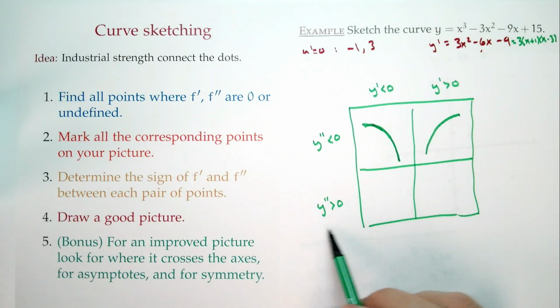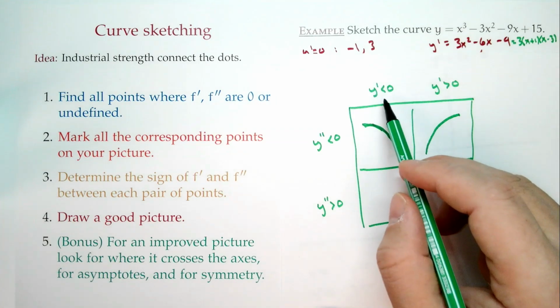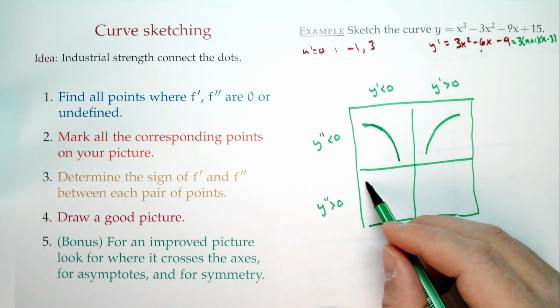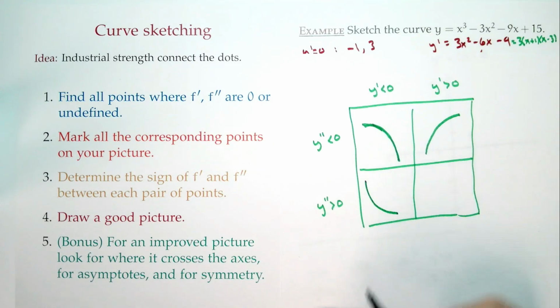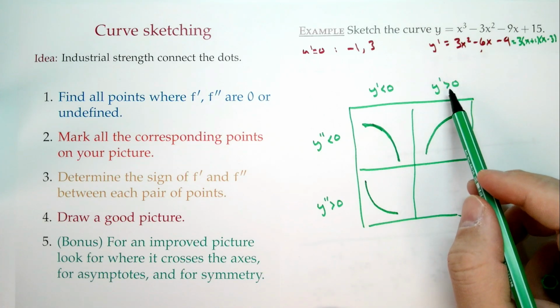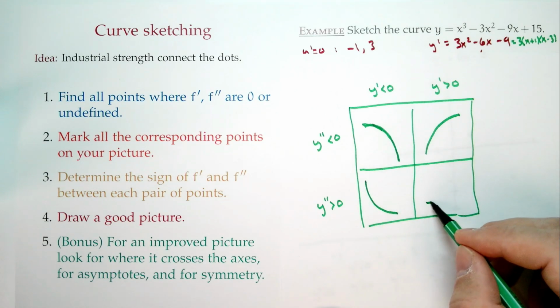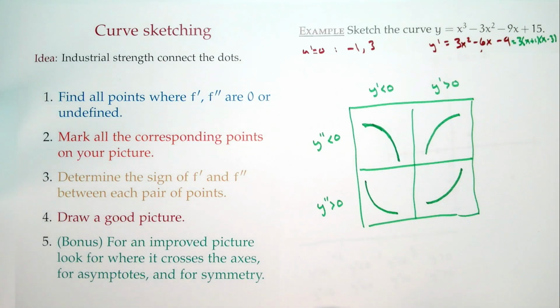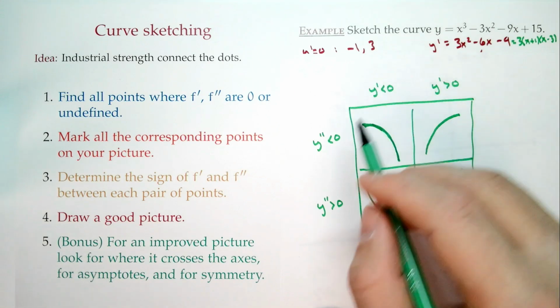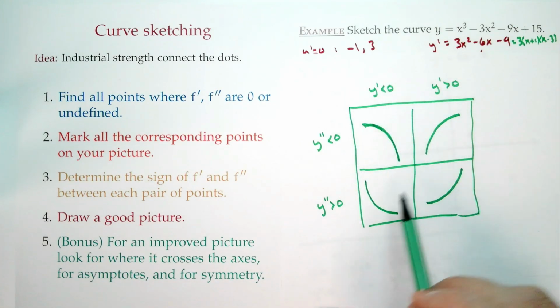Now, suppose y double prime is positive. That means it's a smiley face shape. If the first derivative is negative, that means we're coming down, so our function has to look something like this. And if our derivative is positive, that means we're coming up like that.